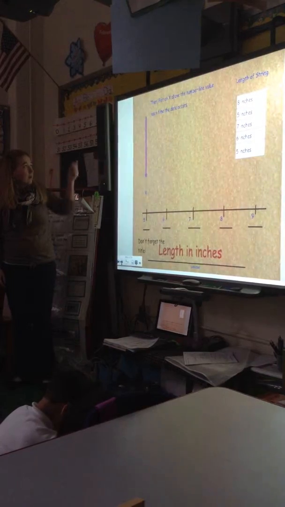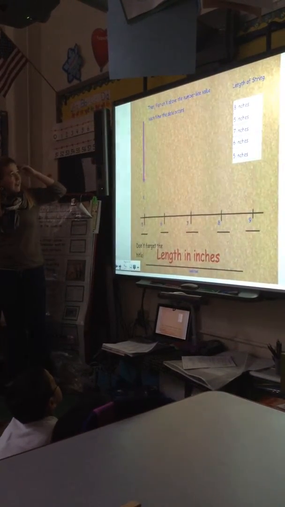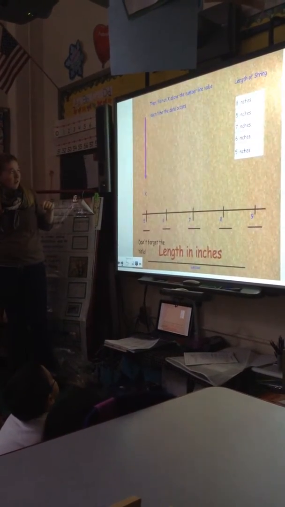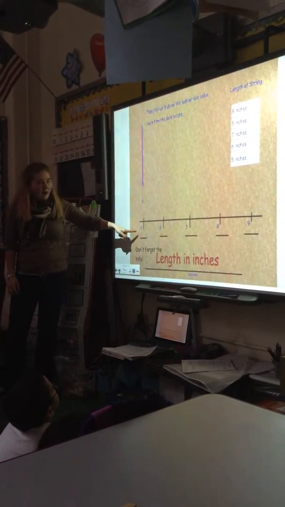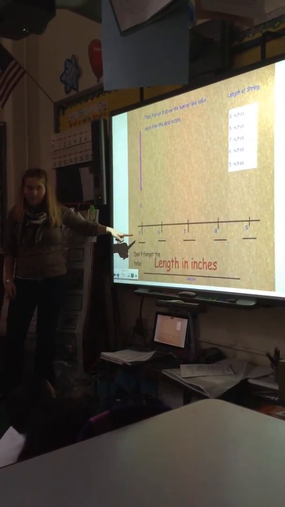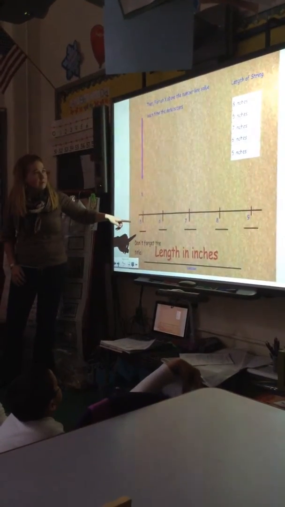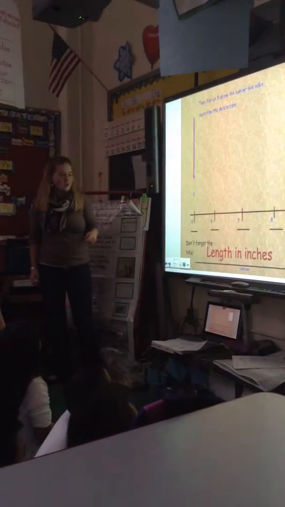So, then my next direction from the instructions we were given says plot an X above the number line value each time the data occurs. So we start with 5, which we said was the least number. How many times do we have 5 inches in our chart here?